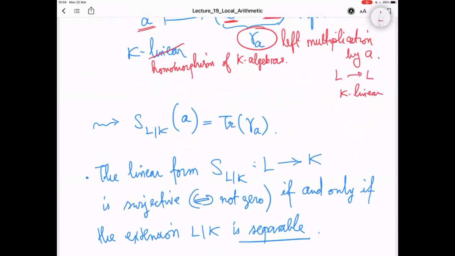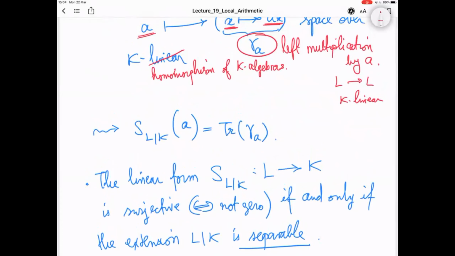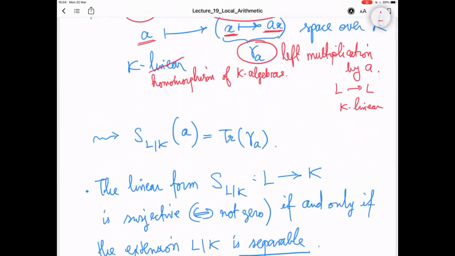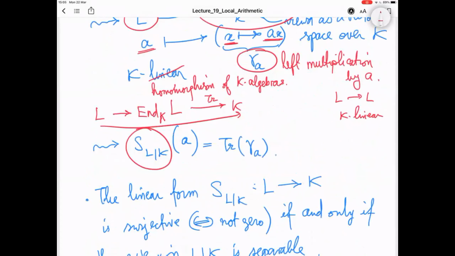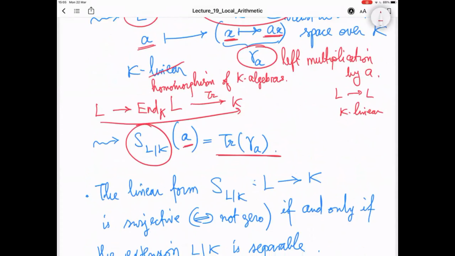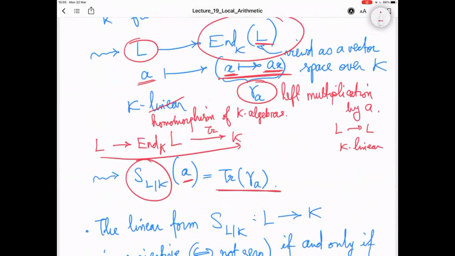So now what we have is an algebra homomorphism from L to the algebra of K-endomorphisms of the vector space L. And from this, we have the trace map, which is the linear map to K. So the composite is what I'll call S_{L/K}. So S_{L/K} of a is the trace of gamma_a, where gamma_a is this mapping taking x to a times x.